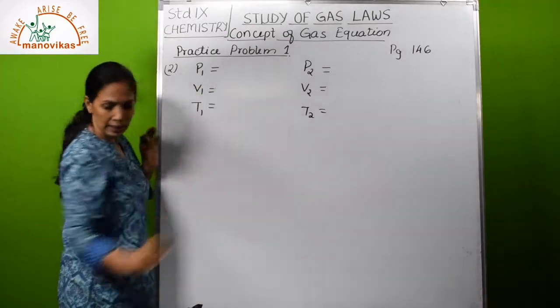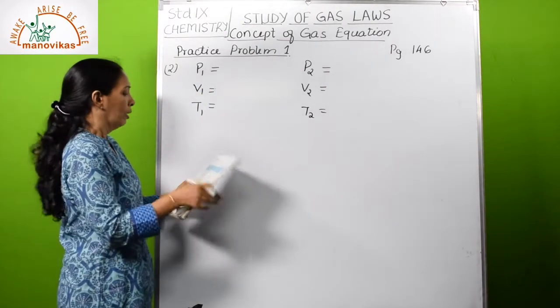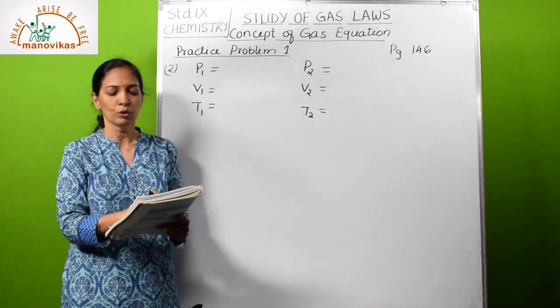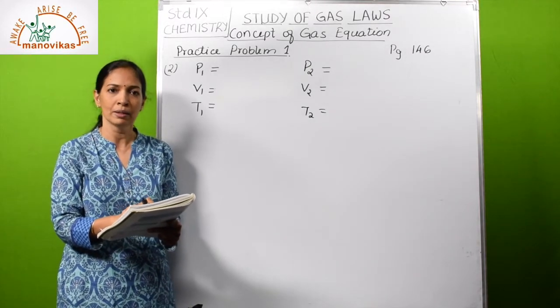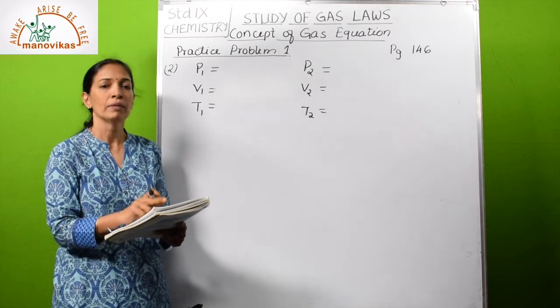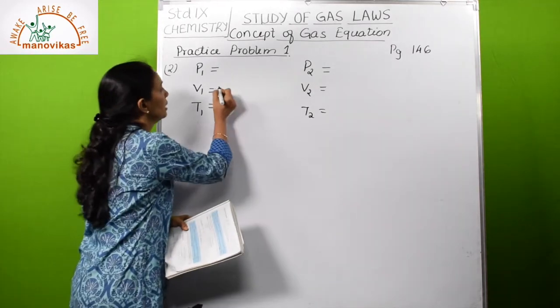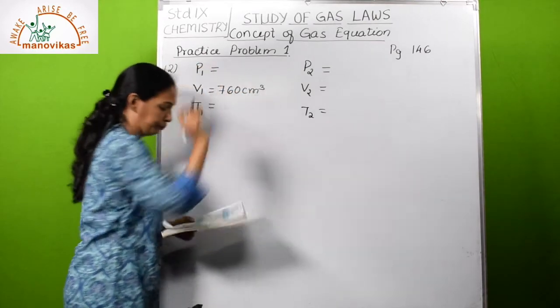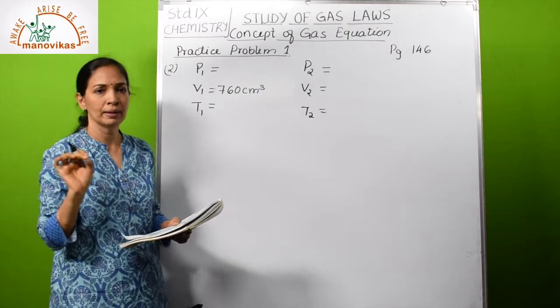So let us write the given values and find the unknown value. A fixed volume of gas occupies 760 cubic centimeter, which is the initial volume, at 27 degrees Celsius.